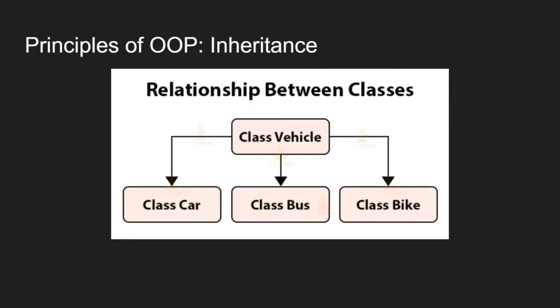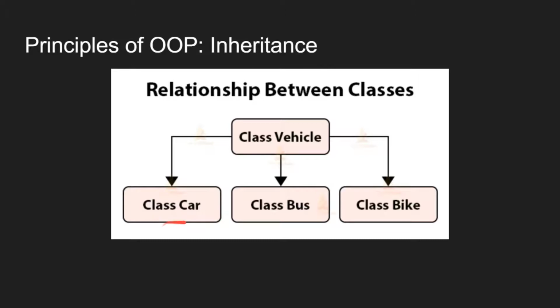The second principle of object-oriented programming, and the last one we're going to talk about today, is inheritance. Going back to using real-world objects, many objects share properties. So here we have a car, we have a bus, we have a bike. They're all vehicles. So you can imagine that they all have maybe top speed as a variable.